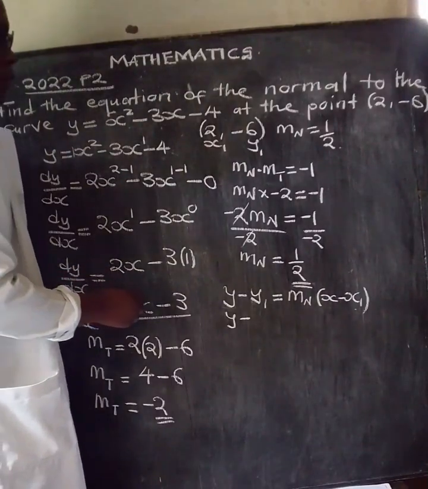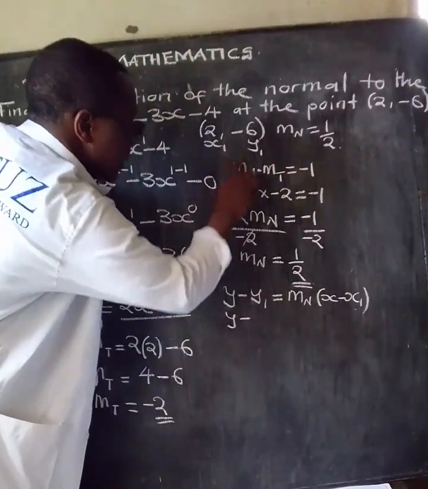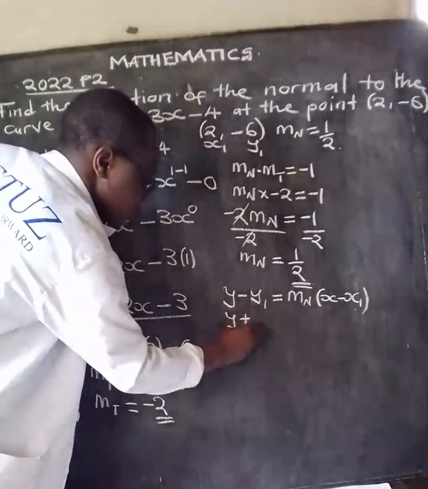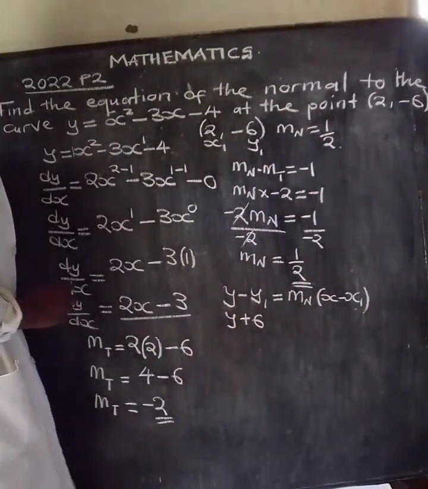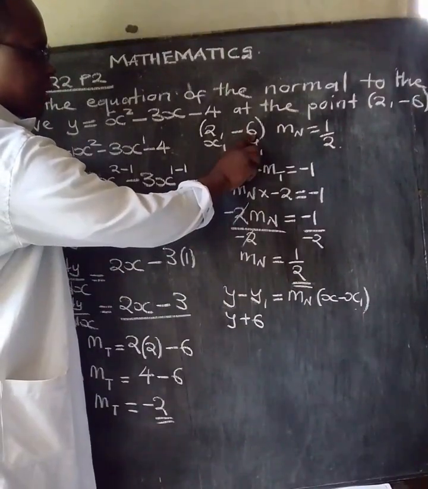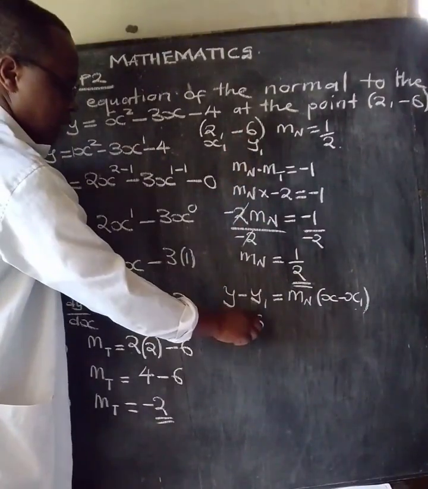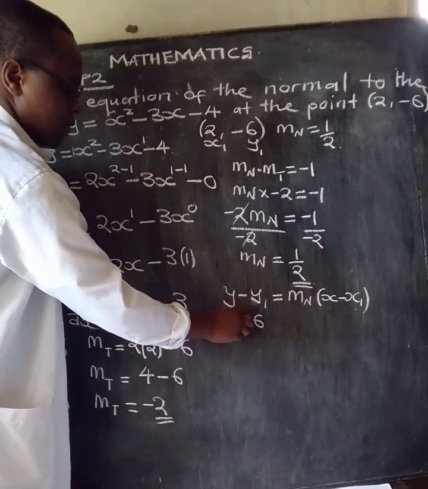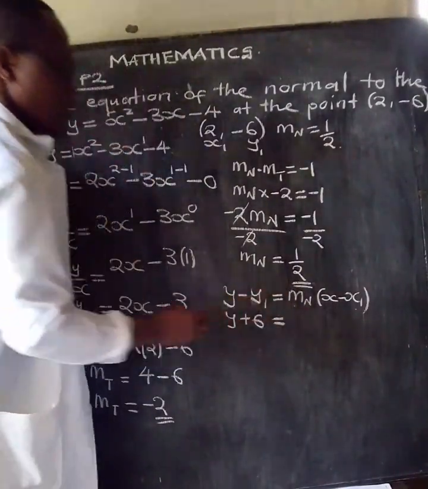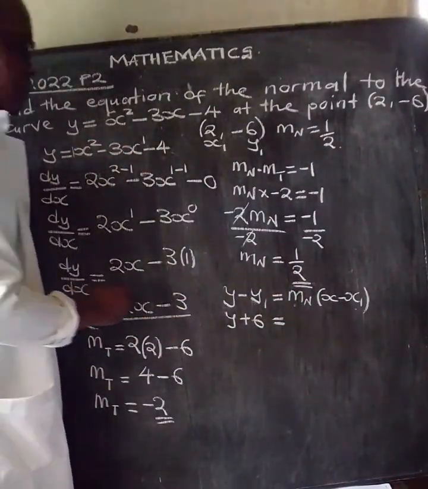So we're going to multiply this negative and this negative. Negative times negative 6 becomes positive 6, because y1 has got a negative. When you substitute negative 6 where there is y1, negative times negative is positive.